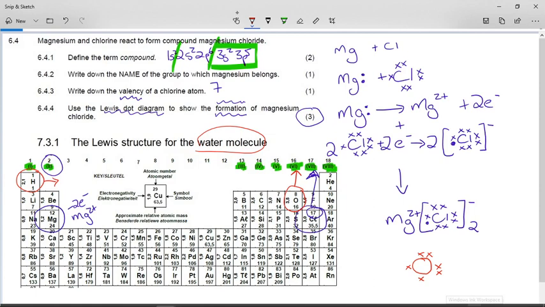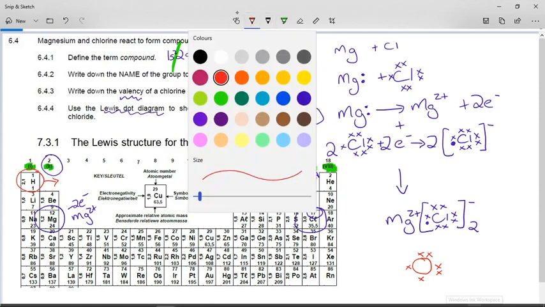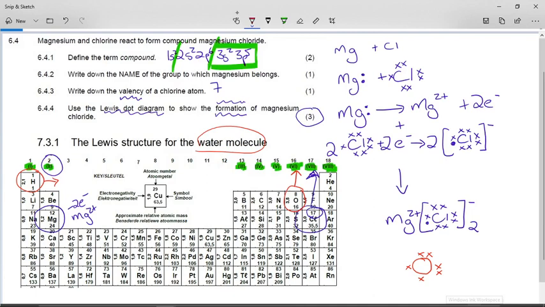And then along comes hydrogen. I'm going to use another color for hydrogen. Hydrogen is going to bond here, and hydrogen has 1 electron, so you show it over there. You know water is H2O, so we need another hydrogen.